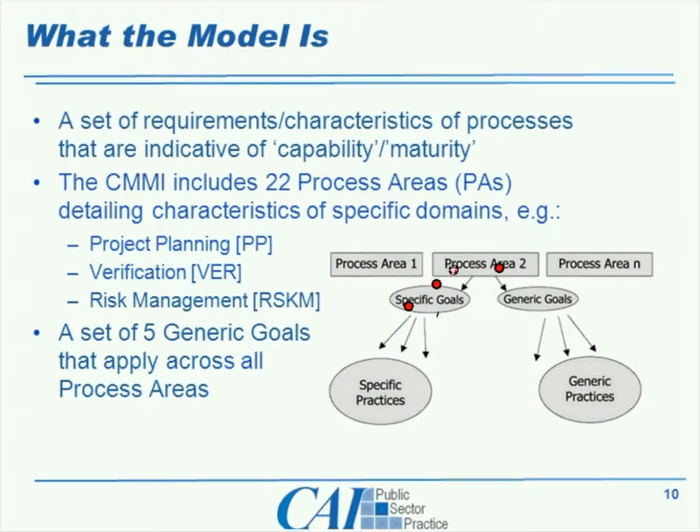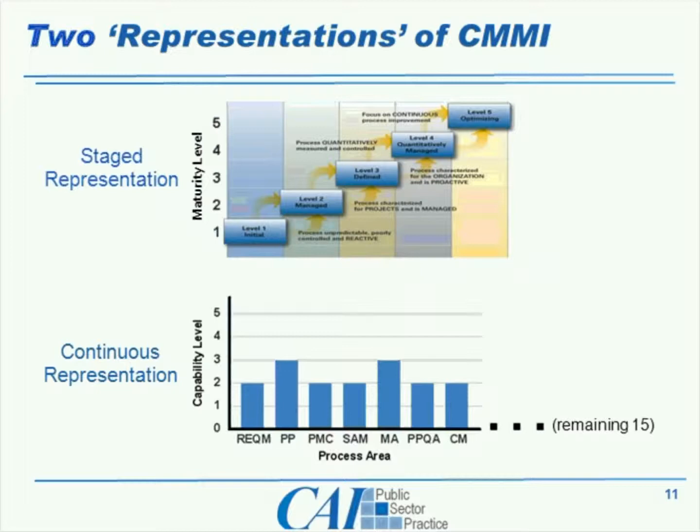It would also have generic goals. And in order to achieve a certain level of maturity, you must address the specific goal components as well as the generic goal components. And each of those goals is further segmented down into specific practices and generic practices. Right? And there can be more than one of each of those different things. So that's the high-level structure of CMMI.